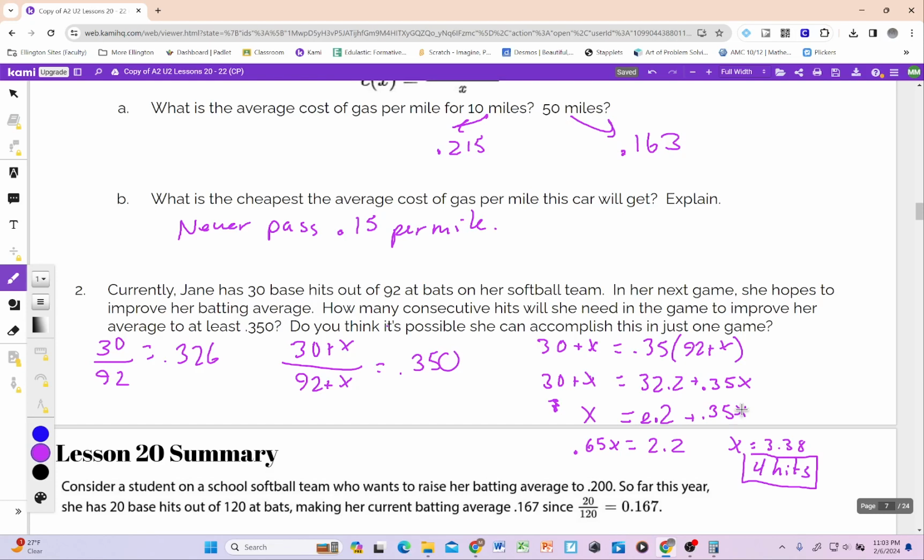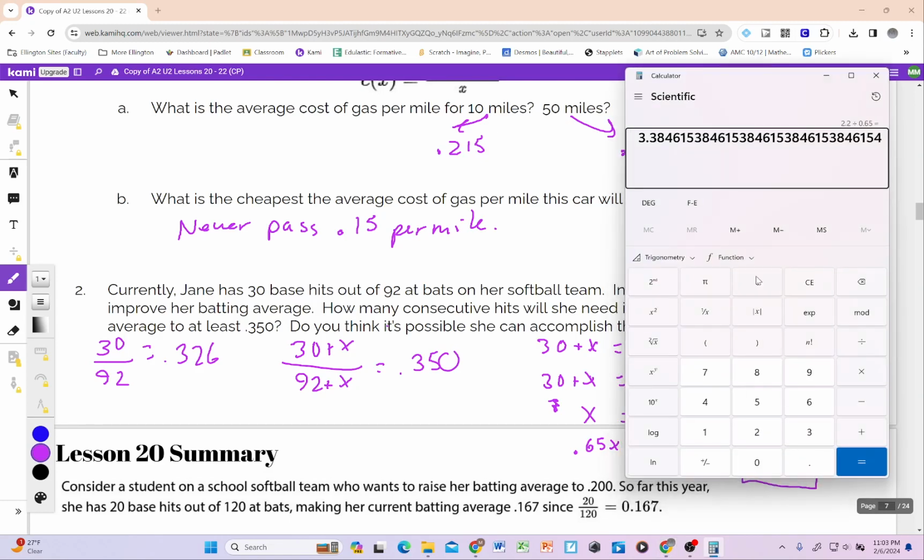So, can she accomplish this in one game? Think about what you know about baseball. Can you get 4 hits in a game? Sure, major league players do it all the time. So, I think that's fine. Is it possible? Sure. Is it likely? That's another matter. But you could prove it by actually doing the math, right?